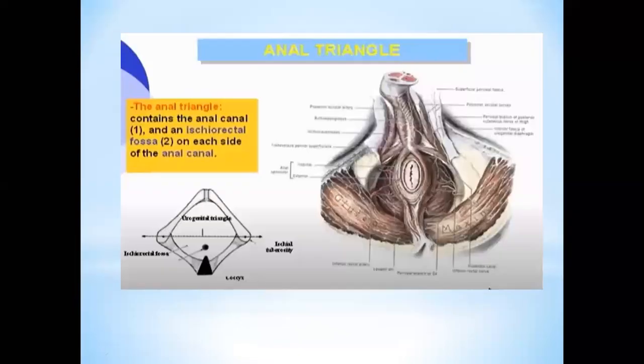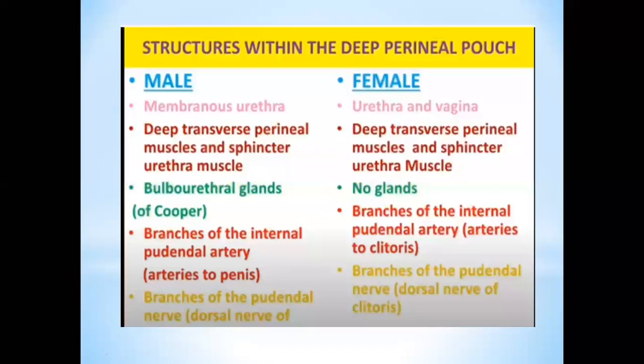If we look here, I'm showing you this urethra and the sphincter urethral muscle. The sphincter urethral muscle is a part of the deep perineal pouch. It's not a part of the superficial perineal pouch.